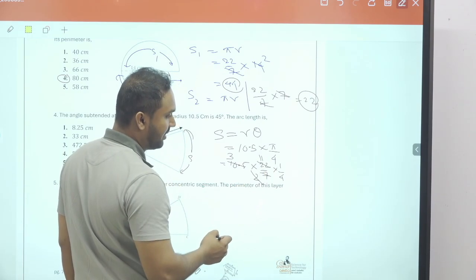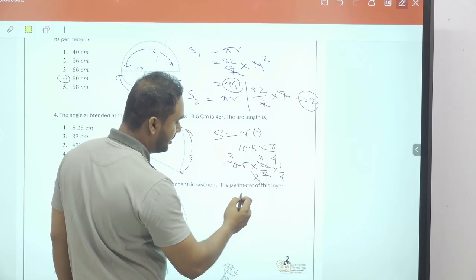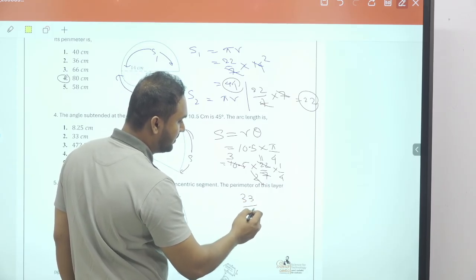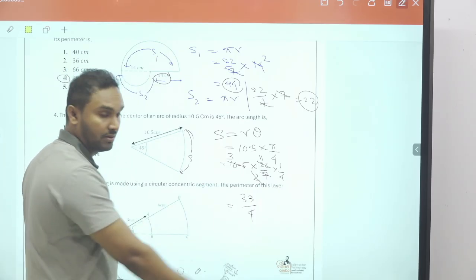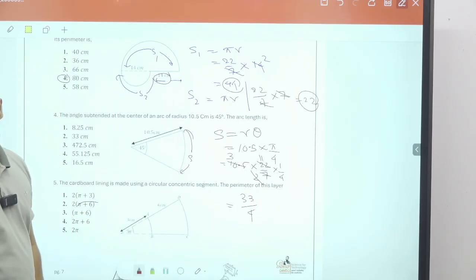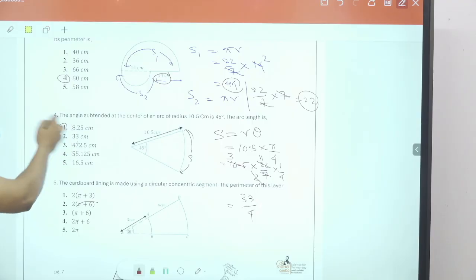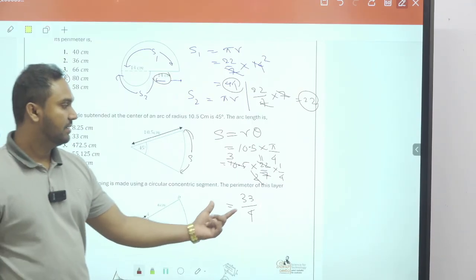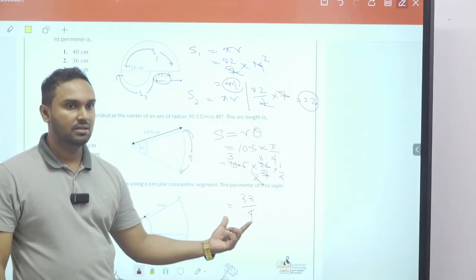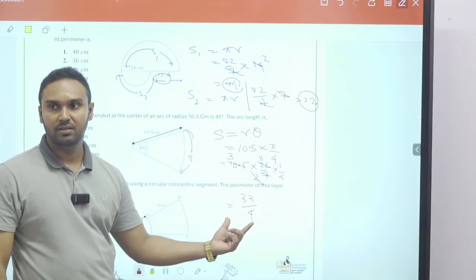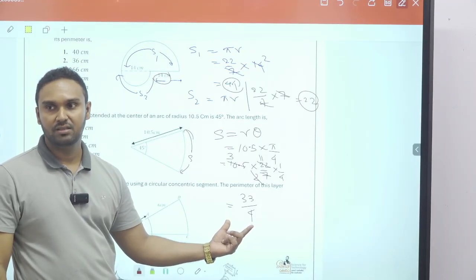This can be simplified. So 33 over 4. Divide 33 by 4, 8.25, right? So the answer is 8.25. Now, isn't this easier than the theta over 360 into 2 pi r formula? This is much easier, right? Isn't it?